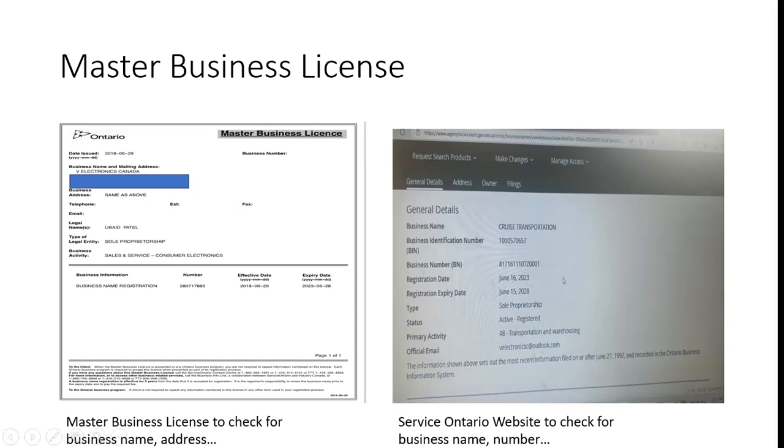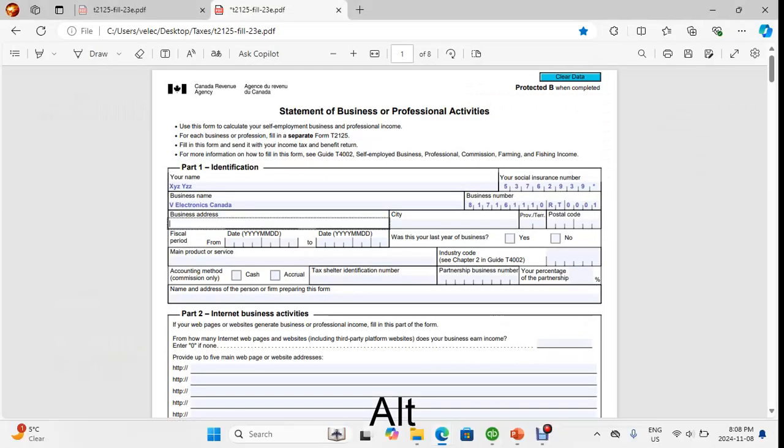You'll also need to type in your business address. Your business address will show up on your master business license. Let's say this is Hanlon Road, and the city will be Vaughan.